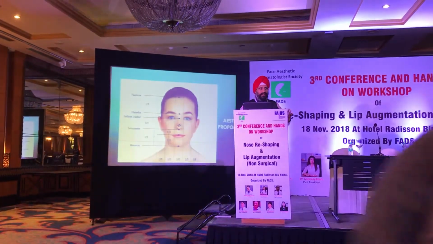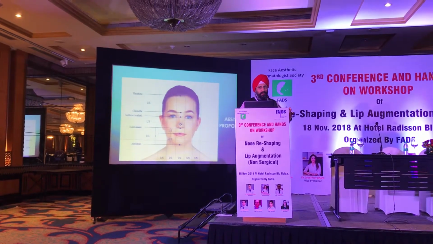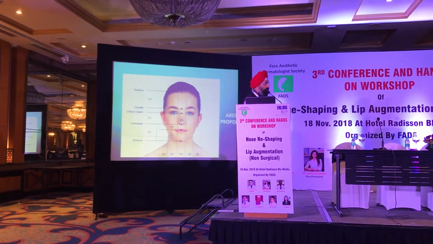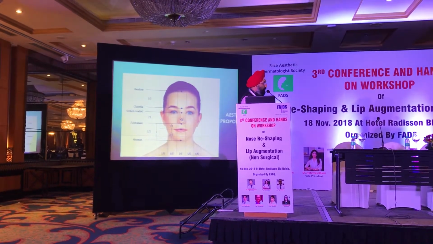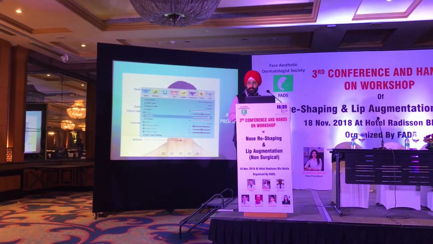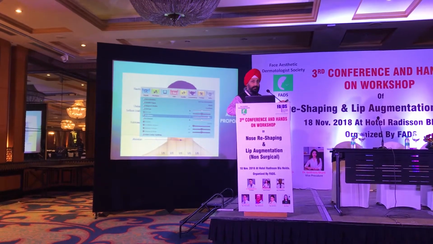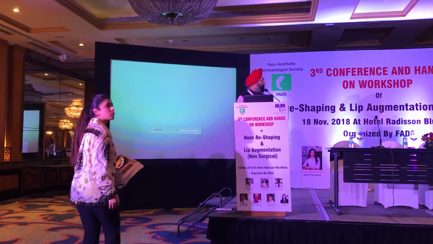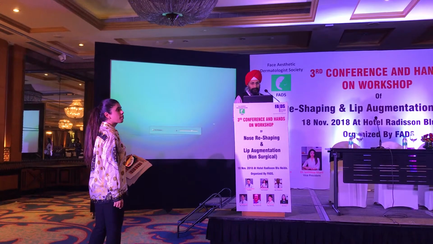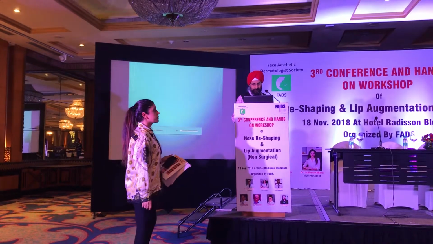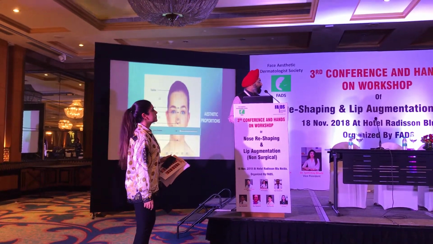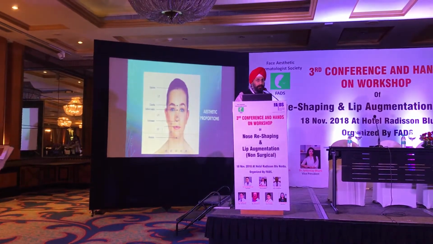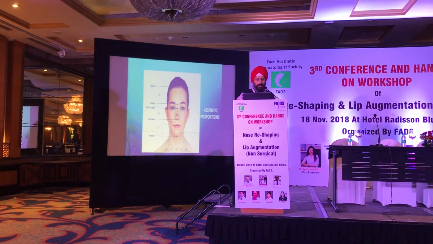If we go on to the aesthetics of the nose initially, let's talk about the aesthetic proportions. Our face can be divided into thirds. The upper third is from hairline to the glabella.